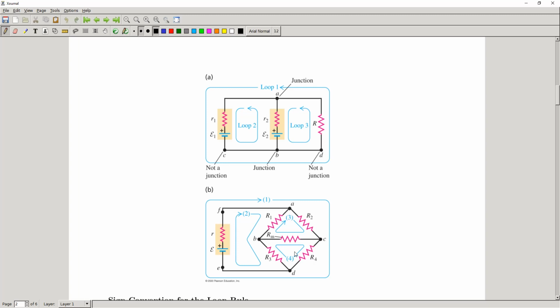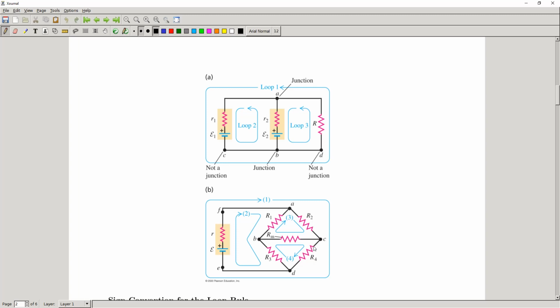But we can see, going back to Kirchhoff's loop rule, in this diagram, let's say we start at point A, and let's say we follow loop 1. So we go from A across this R2 to C, across R4 to D, then over to E, then across our source here, so across the EMF and the internal resistance, to F, and then all the way back to A. Clearly we have to end up back at the same potential at A, because A has to always be at the same potential.